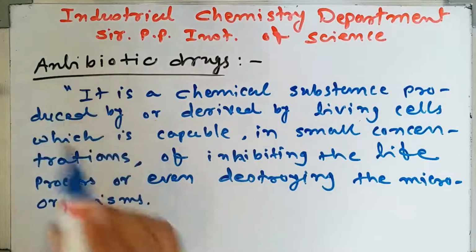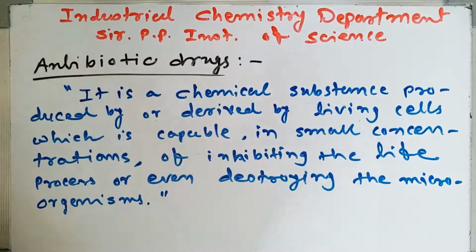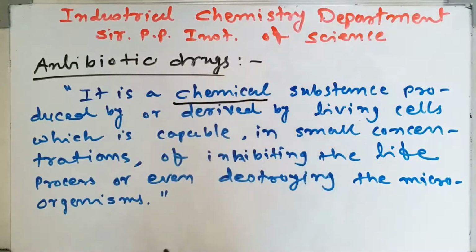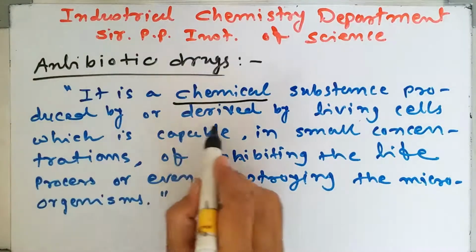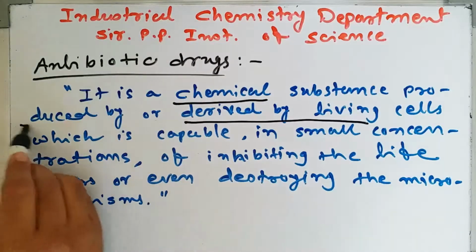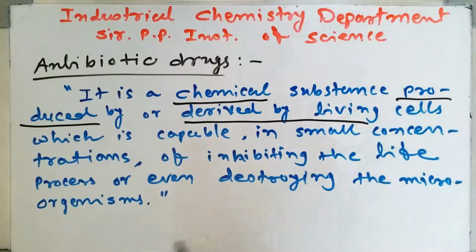So this is the modern definition. What is an antibiotic drug? It is a chemical substance produced or derived from living cells.